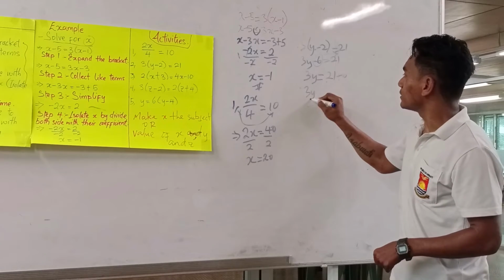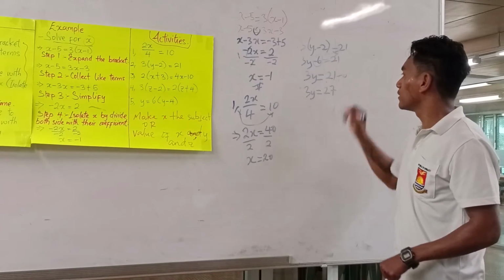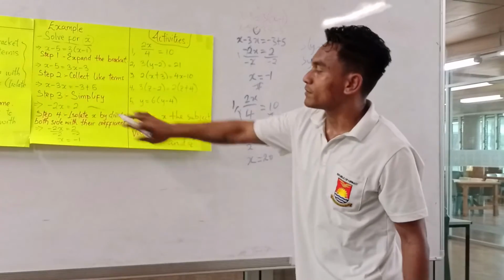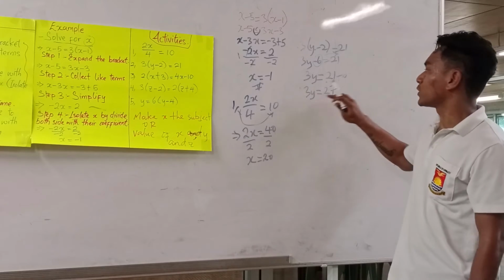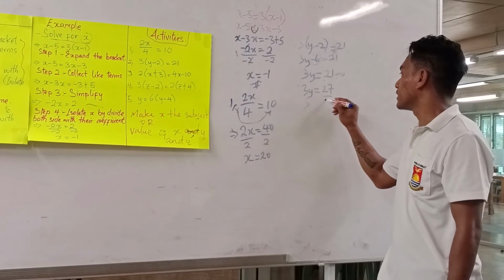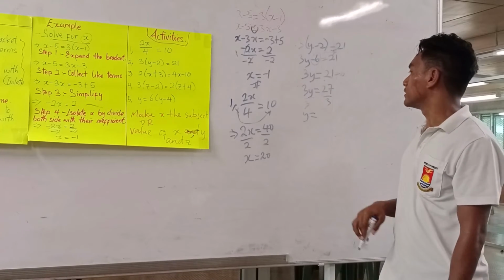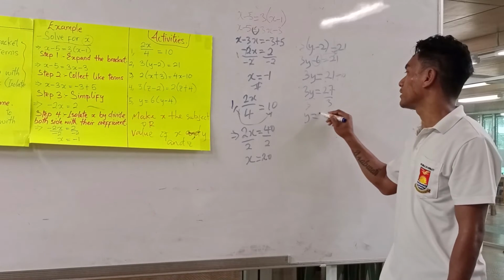So 3y is equal to 21 plus 6, which gives you 27. The next step is to isolate, or divide both sides by the coefficient of y. So we must divide by 3. y is equal to 27 divided by 3, which gives you 9.